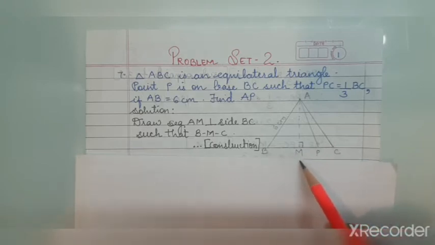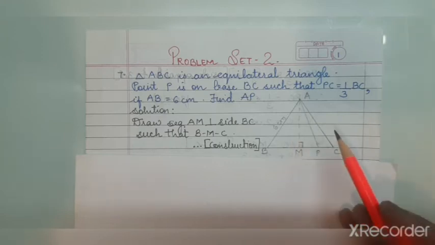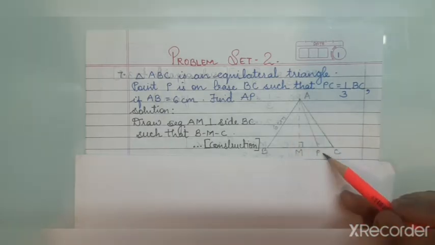So PC is only 1/3 of BC, and the point P should be close to point C. And you have to join AP.